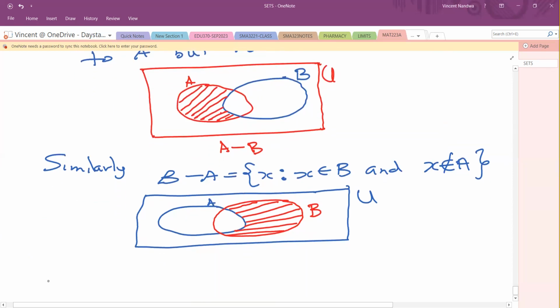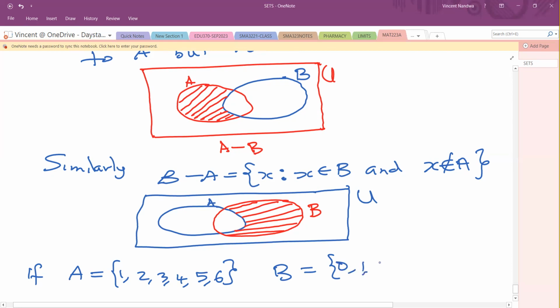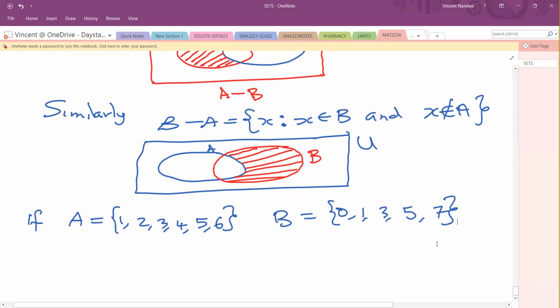So another example now. If A is the set 1, 2, 3, 4, 5, 6, and B is the set 0, 1, 3, 5, and 7, what is the set A minus B?